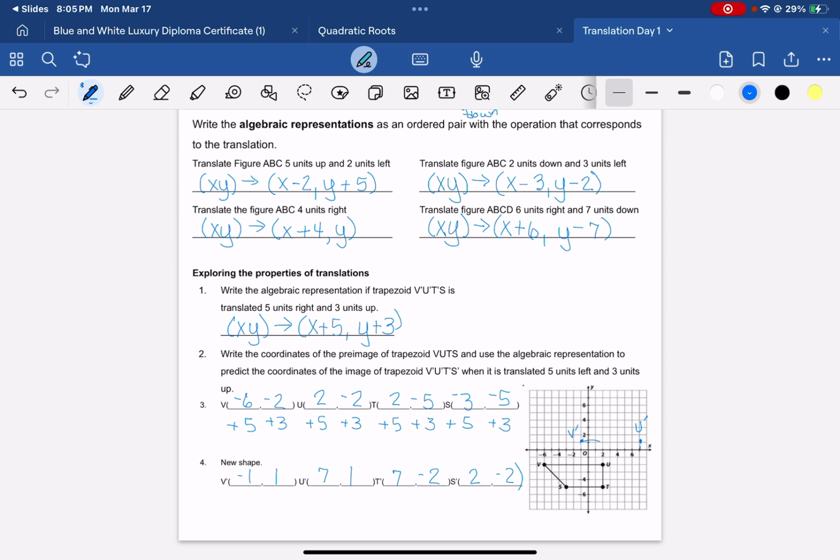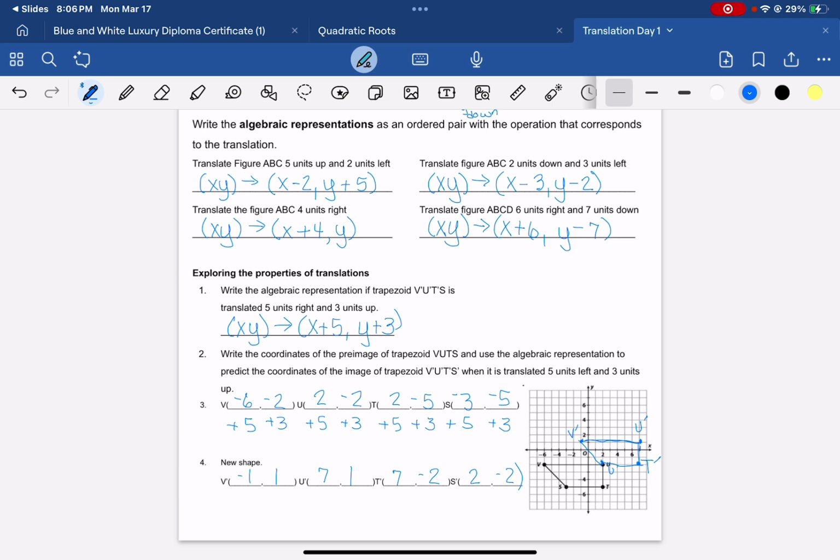So I can connect those 2 points. Okay, then T, that would be 7 and negative 2. And this would be connected. And this is my T with my little prime mark. And then my last one is positive 2, negative 2. And that's going to connect off that point. Again, that is U prime.